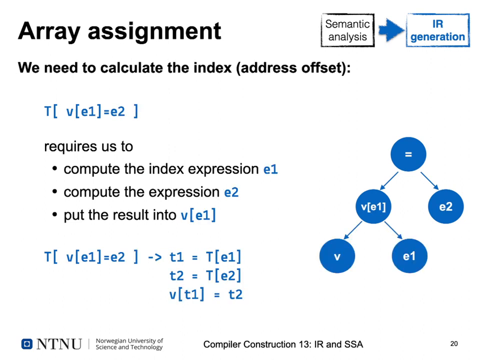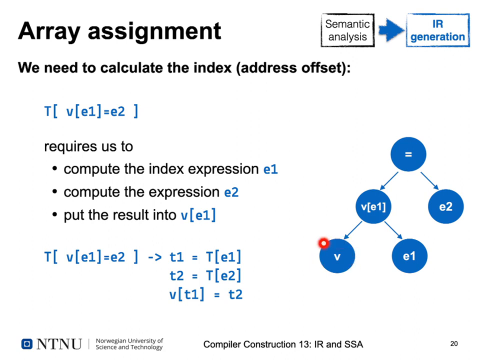We can also assign values of expressions to arrays here. For this we need to calculate the index or address offset inside of the array, and this itself could be an expression. So for example, we want to assign the result of evaluating the expression e2 to an array element e1 of our array v.